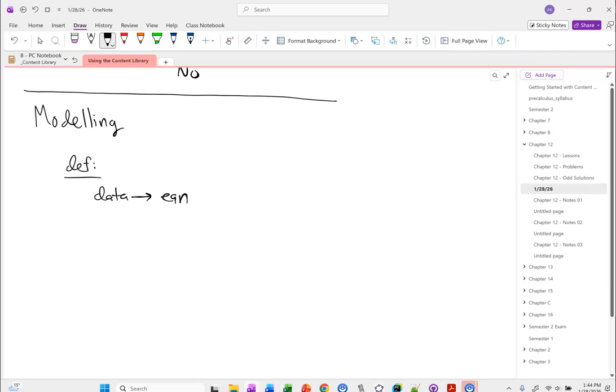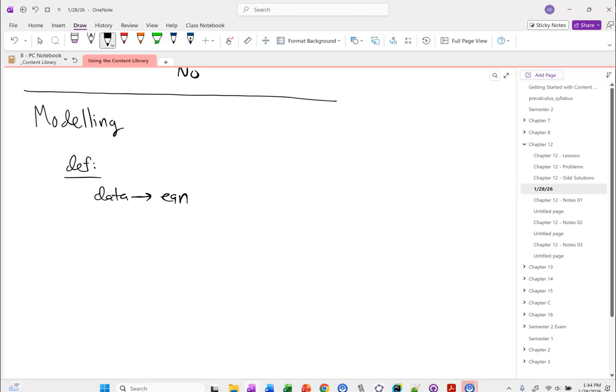So basically the idea with modeling is you're just going to take some data and turn it into an equation. Is everybody okay with that idea?